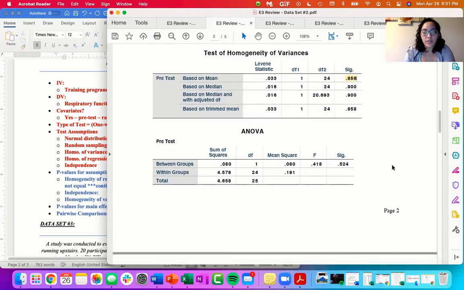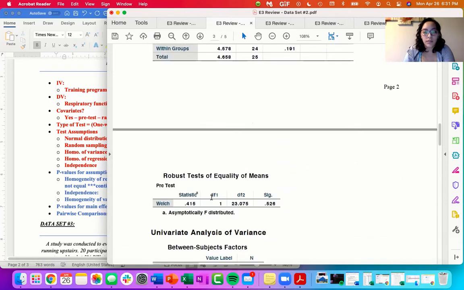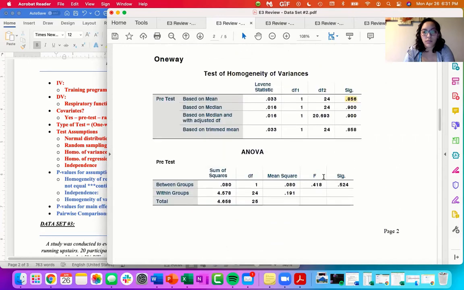But based on this p-value, right, would we read the ANOVA table or the Welch's table? ANOVA. We would read the ANOVA table because our homogeneity of variance is greater than 0.05, which means that we have relatively equal variances when we look at the pretest values amongst our training programs.